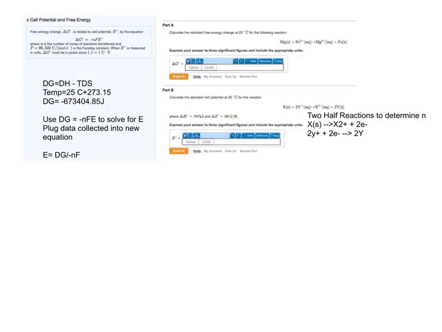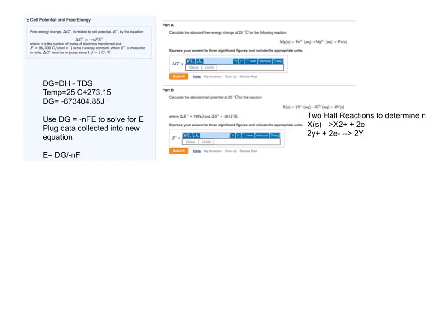Once we have solved for delta G naught, we can use that in the equation that is given here. We have delta G naught is equal to negative NF E naught. One missing piece of information that we need would be N, which is the number of moles of electrons transferred during the reaction.